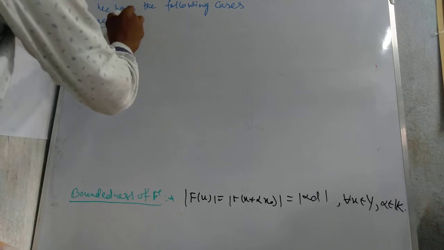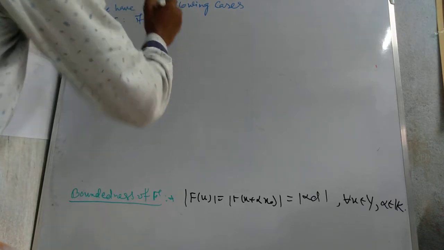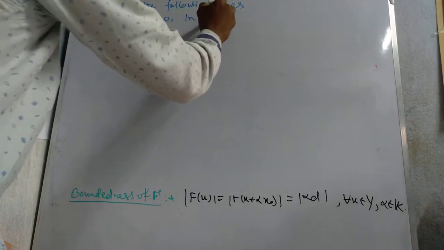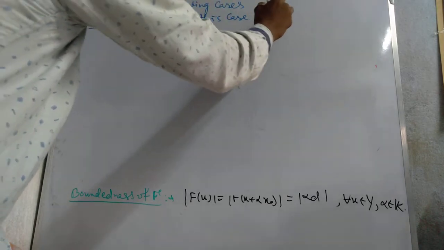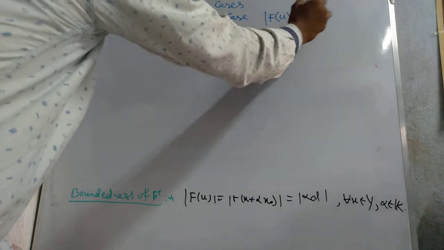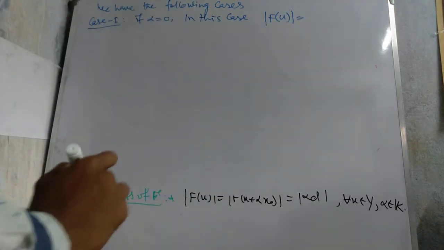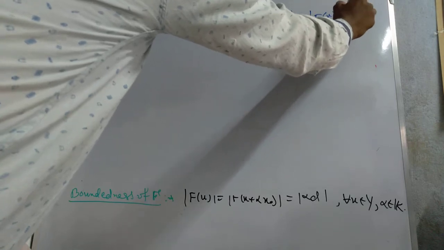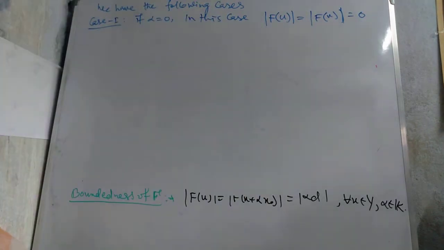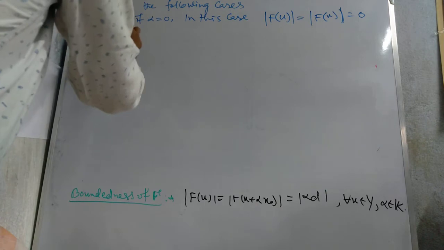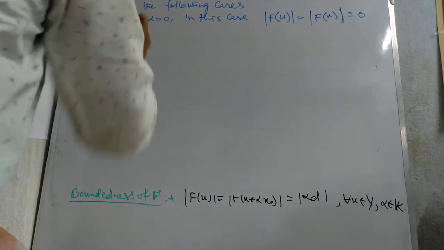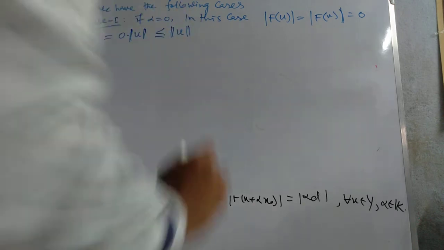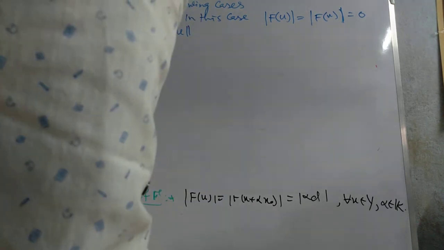Case 1. If alpha equal to 0, in this case u equal to x, and the norm of f(u) equal to 0, which is less than or equal to the norm of u for all u.